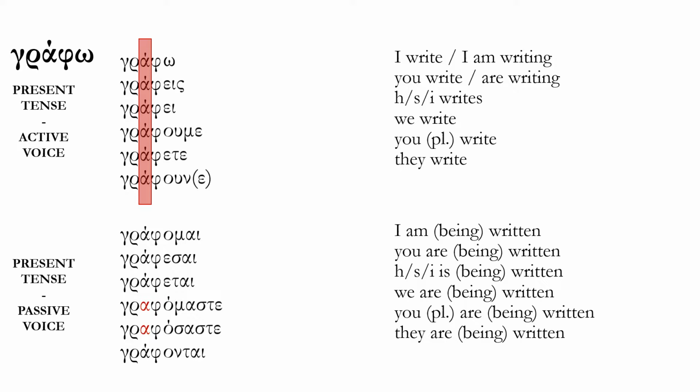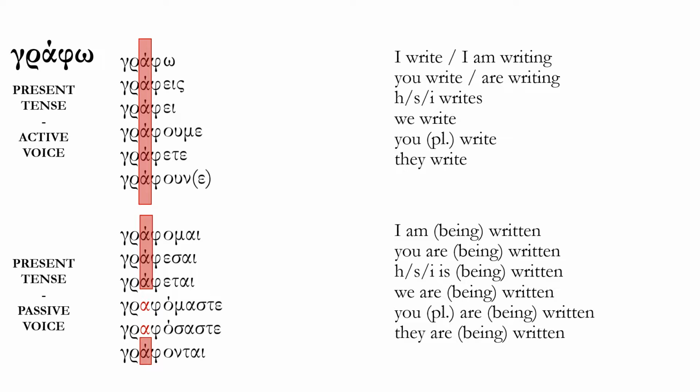Okay, now let's take a closer look at this part here. You can see that the alpha in the active voice is the same in graf, and all of them have the accent, the tono or the oxia, as it should be called, on the alpha, and it's there for all 6 persons. What happens down in the passive voice, however, is we get it in the beginning and we get it in the end.